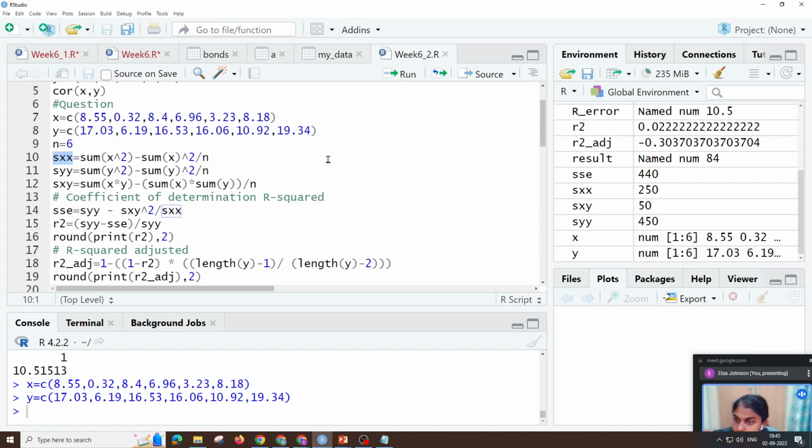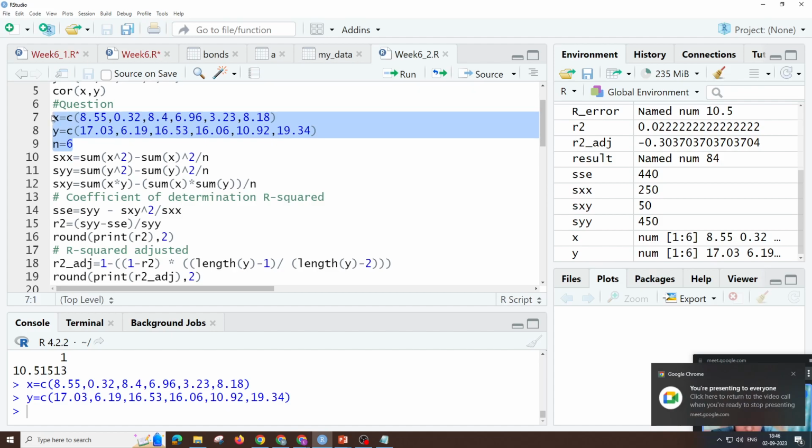So if you are solving it by pen and pencil, you have to find out the x square value, then y square, then sum of x and y by n, that means the mean values, and then you have to do sum of x into y and sum of x into sum of y by n. Okay, then SSR is given by SYY minus SXY whole square by SXX. Okay, then R square you will be obtaining like this. So we will see the answer.